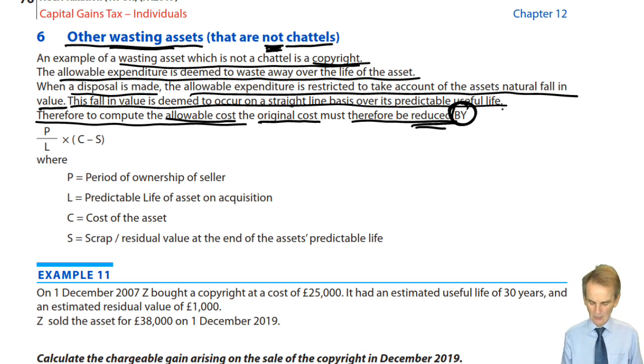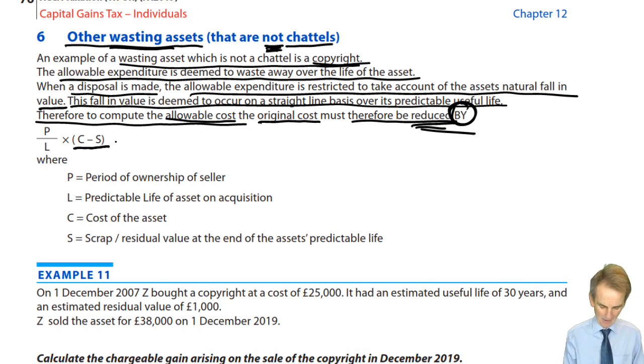Hence I put it in capitals. So the calculation you are going to do is not directly to compute the allowable cost. This calculation is the reduction in the original cost to then leave you with the allowable cost. So, reduced by, what's the calculation?